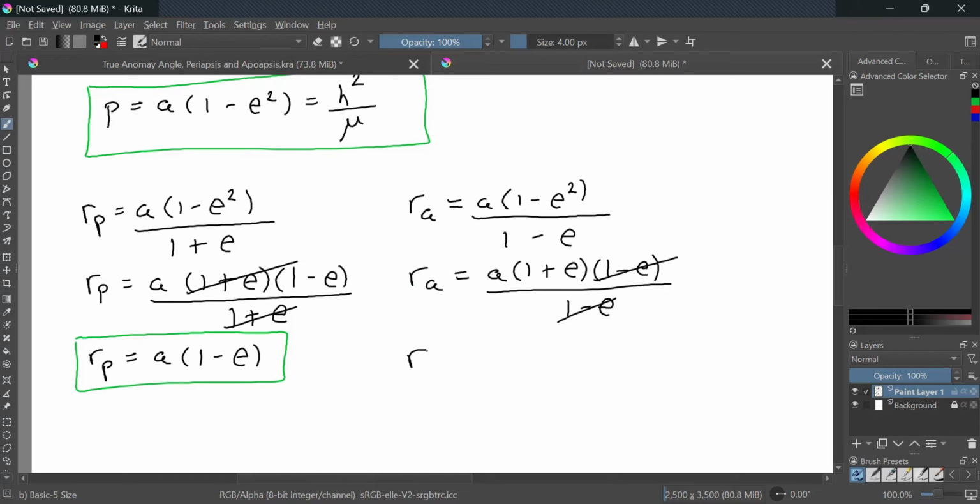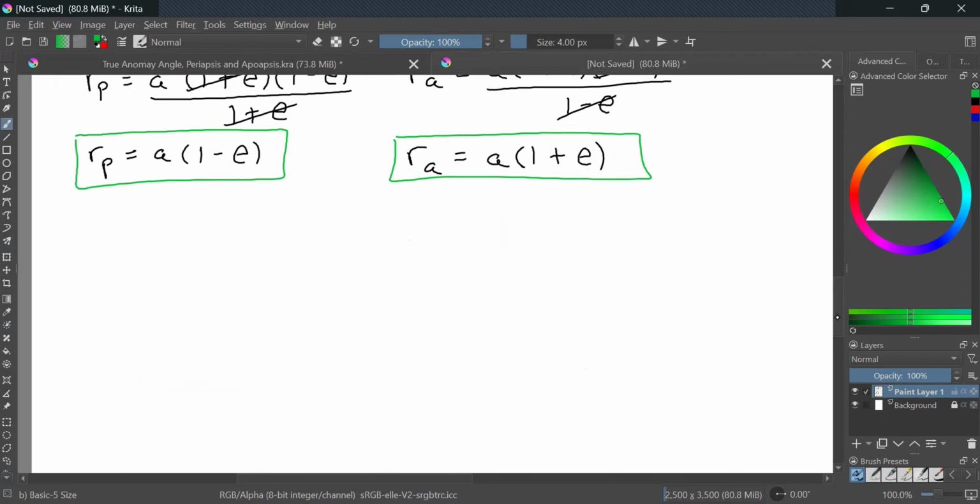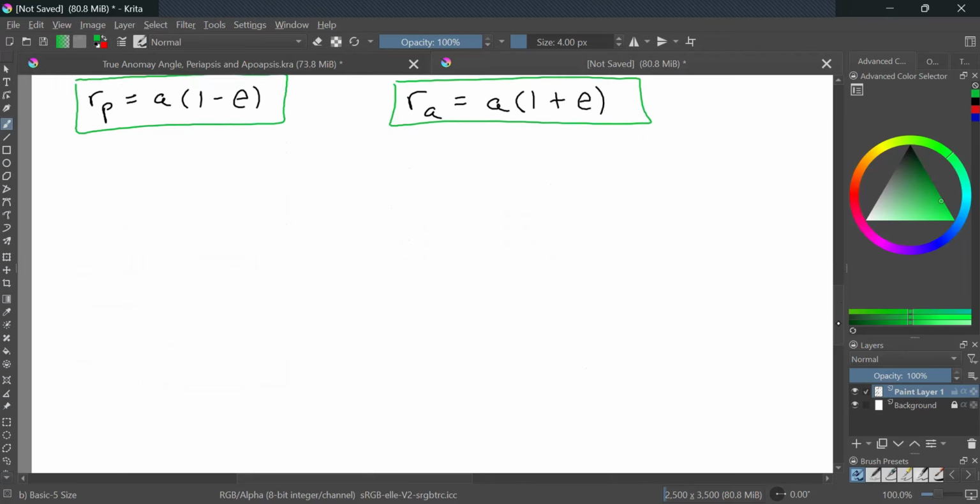Cancel. Oh, would you look at that? Indeed, it is. I'm not going to plug these into any examples. That's just going to spit out values that we already know.